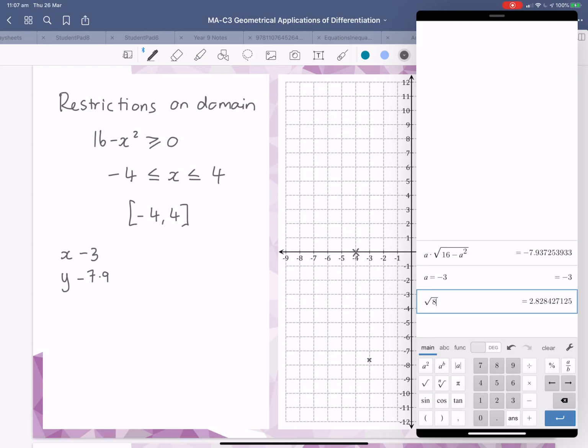So remember that we've got that minimum very close to there. So let's just stick a few other numbers in. Let's stick in negative 1, and I get minus, let's say minus 3.9, close enough.